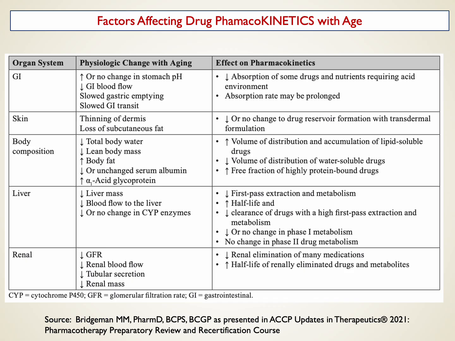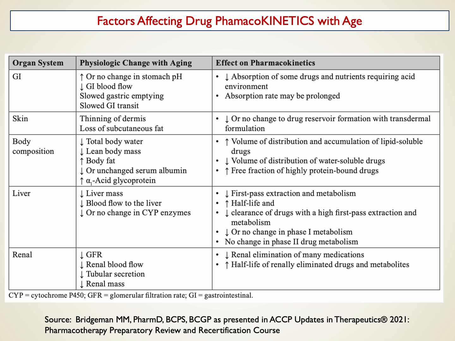So in summary, some of the things that we'll see with pharmacokinetic changes with aging are some changes in absorption, and we also talked about earlier thinning of the dermis, so we worry about drug absorption via the dermis being more significant in older patients.